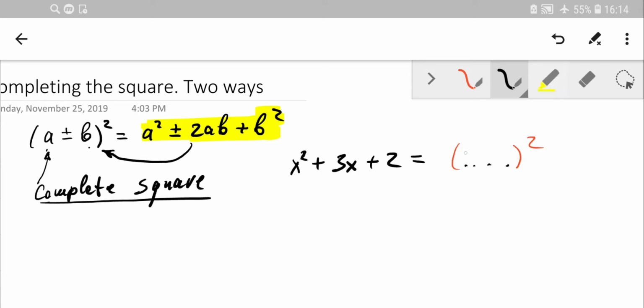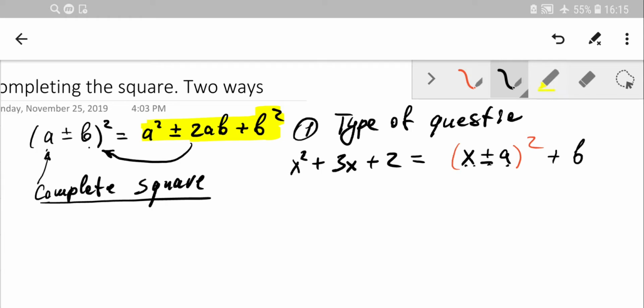So you want to have x plus, or probably minus, some number which is squared, and then the rest part, that's also another number. That's the first type of questions, where you are asked to come from the expanded form into a shorter form which contains a complete square, with all x's collected in one expression which is squared.